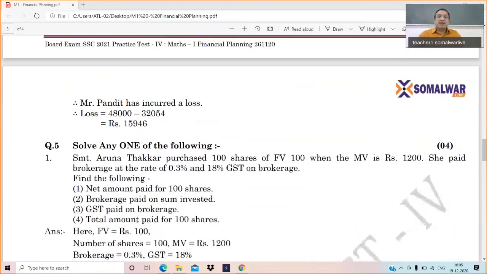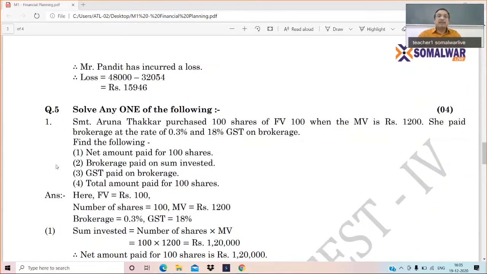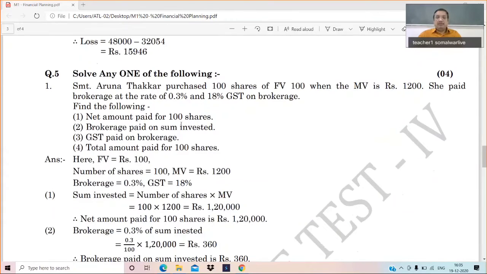Question number 5. Solve any one of the following. Again, read the question carefully and do the calculation properly. Srimati Aruna Thakkar purchased 100 shares of face value rupees 100 when the market value was rupees 1200. She paid brokerage at the rate of 0.3% and 18% GST on brokerage.